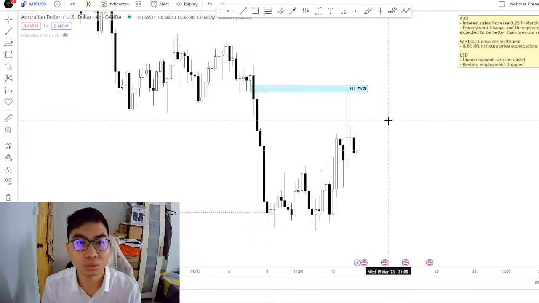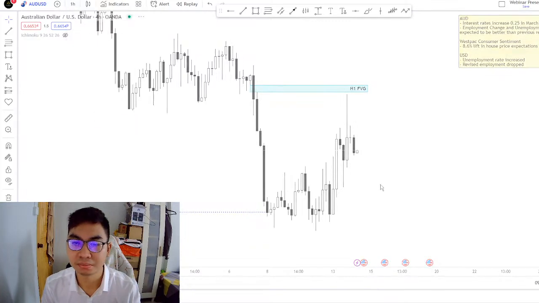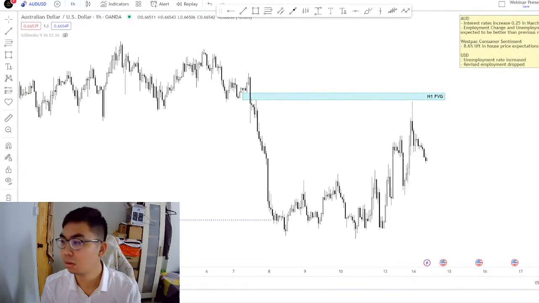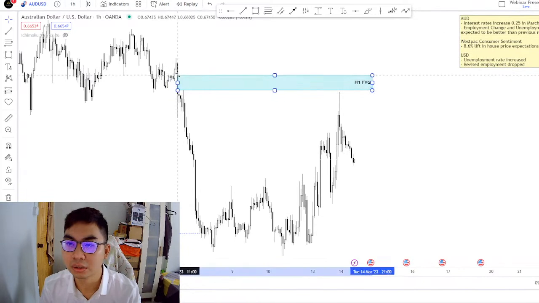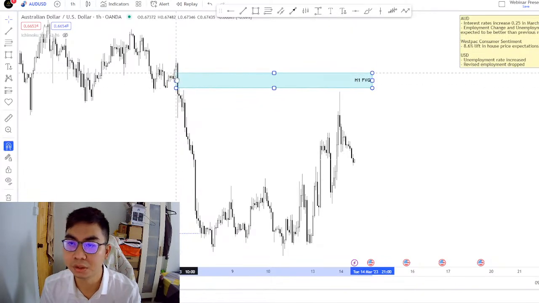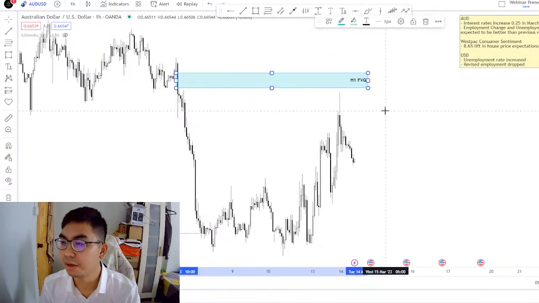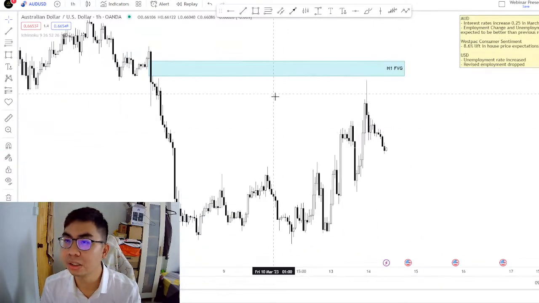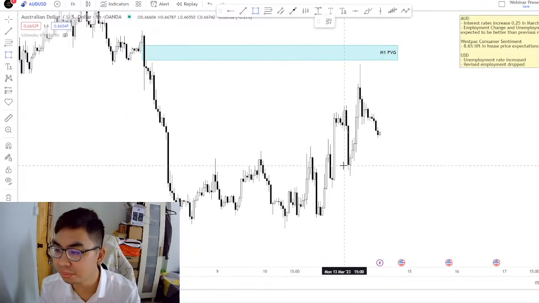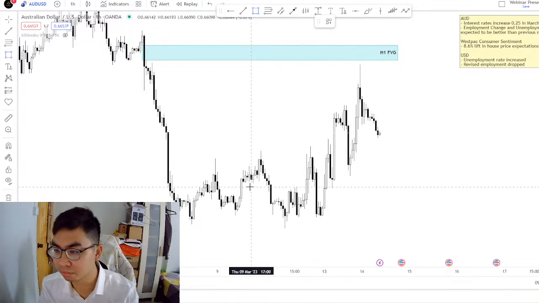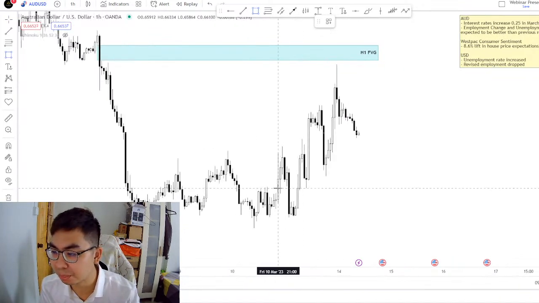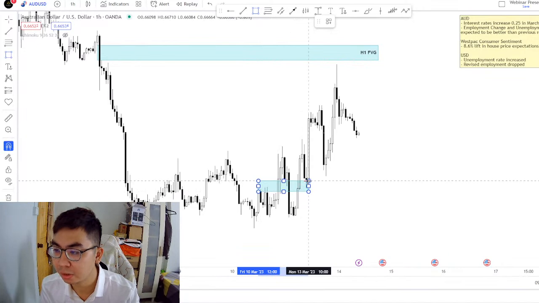Let me move down towards the 1 hour chart. Sorry, let me move it up. This is a fair value gap that I'm looking at. Right now, you notice that price has been respecting and has created a very nice support area right there.